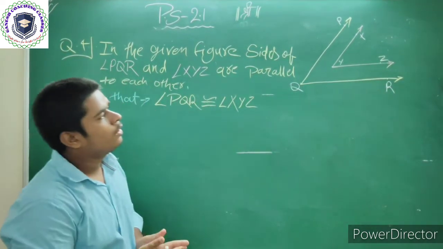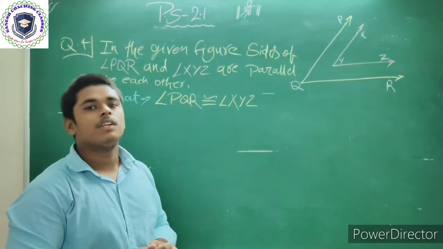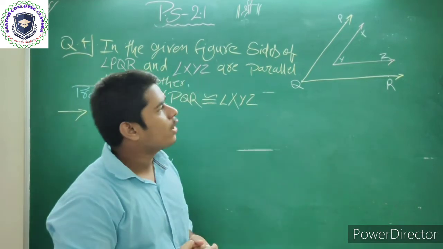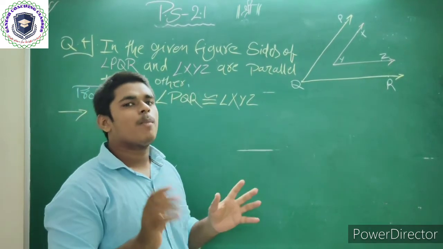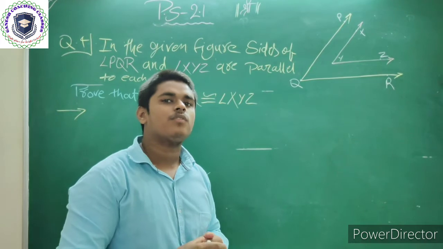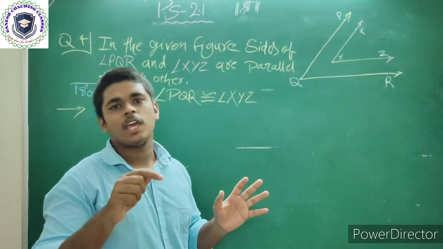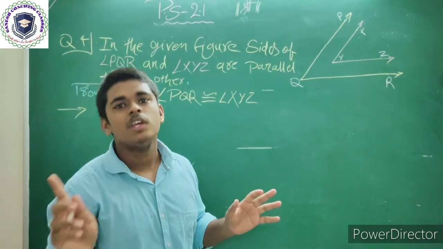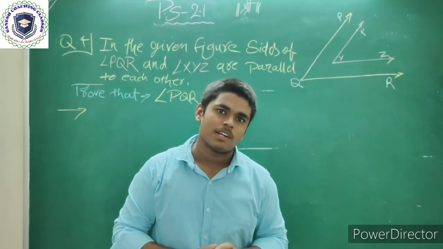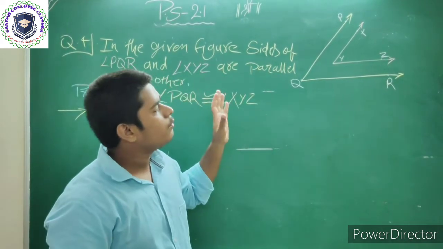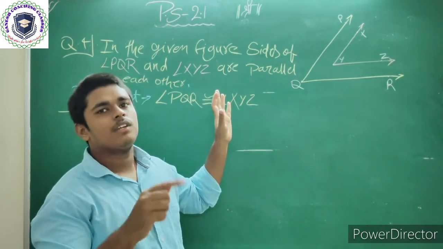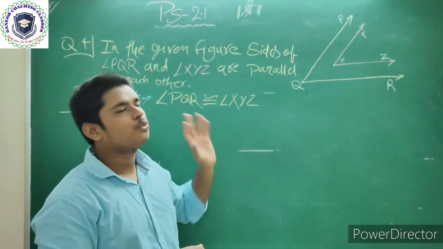So here we can't prove directly. Here we have to do one construction, by which we can make a relationship between these two angles. For proving the angles equal or not equal, we need at least one relation. When we are looking into the figure, there is no relation between these two angles.